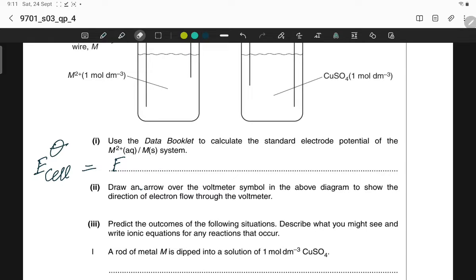You can write it as E reduced form, or the forward side of the reaction, minus E of the oxidized form, or the left side of the reaction.